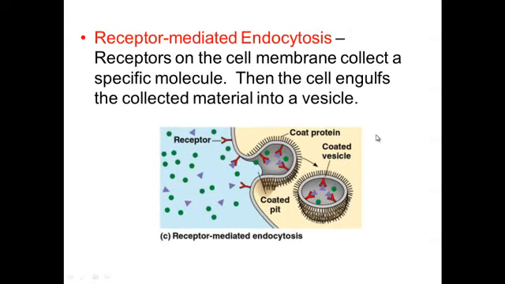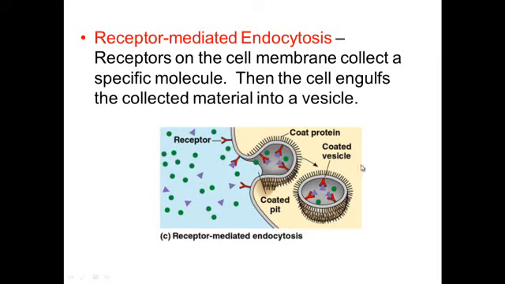The last one is called receptor-mediated endocytosis. This collects a specific molecule. For example, in a nerve cell, when it releases its neurotransmitters and activates the next neuron, those neurotransmitters are brought to the side of the neuron. They are attached to these little receptor molecules, which then engulf those neurotransmitters, and the neurotransmitters are brought back into the cell in a vesicle.